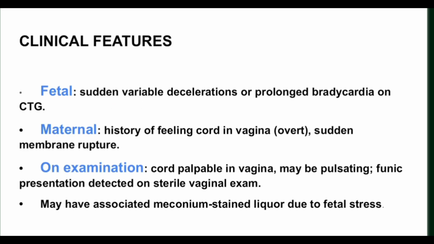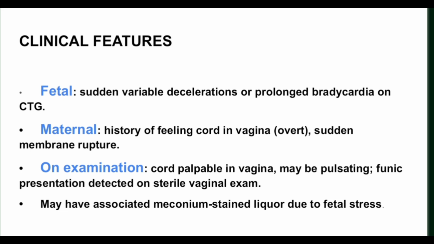When it comes to the clinical features, we can classify them into fetal and maternal clinical features. So on the fetal side, mostly we detect this presentation via a cardiotocography, so we can see variable decelerations or prolonged bradycardia, mostly less than 110 beats per minute, that's the fetal heart rate.